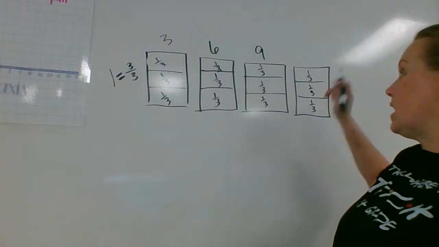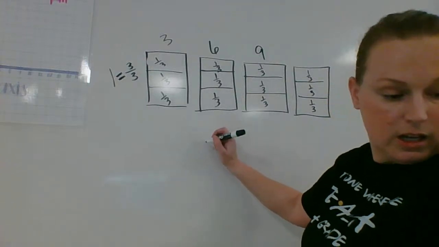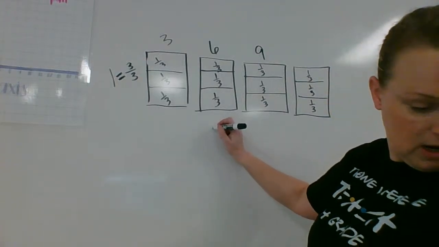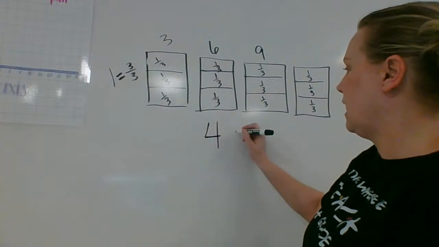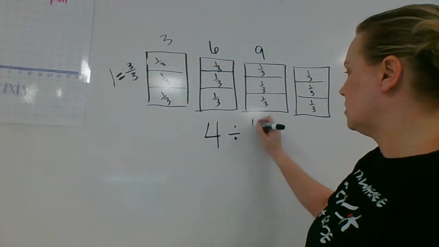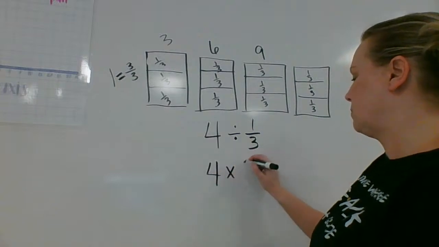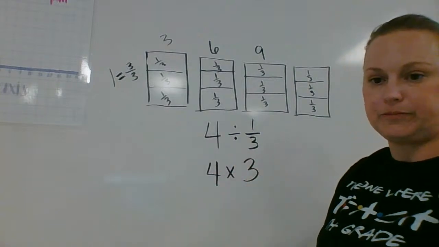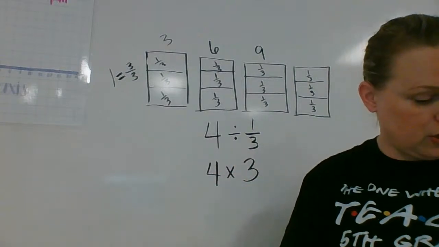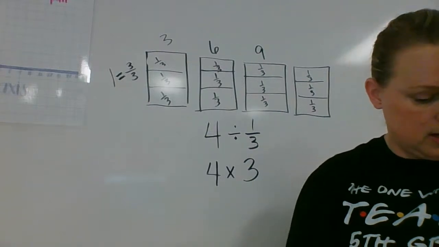Yes, Julia, 3 times 4. So if I take 4 and I divide it into thirds, that's the same thing as saying 4 times 3. So then you can do the multiplication.